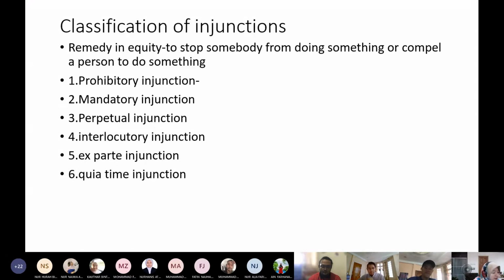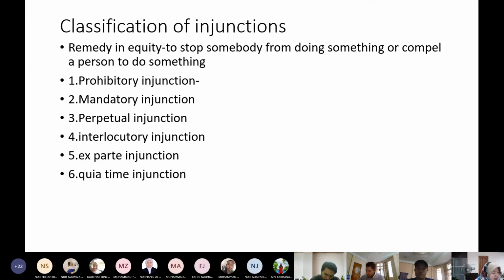The interlocutory injunction that I mentioned just now is a temporary or interim injunction. So it lasts pending a trial. It is applied during the trial, and when the trial is concluded, it will end. After that, you need a perpetual injunction. This interlocutory injunction is to maintain the status quo until the trial is over.